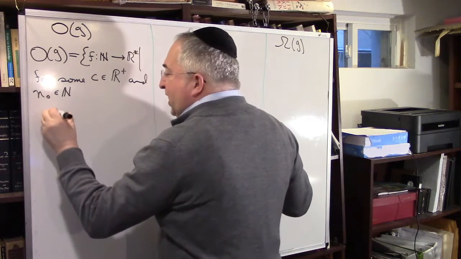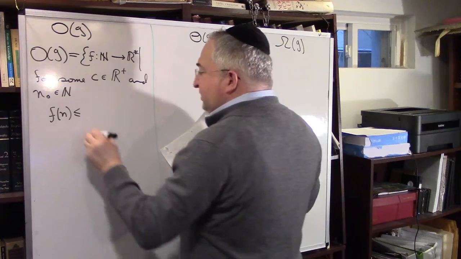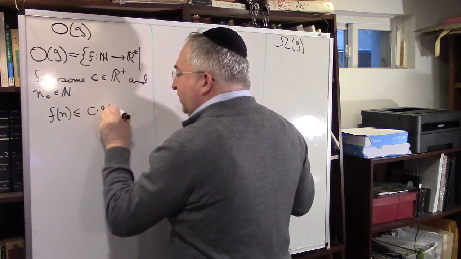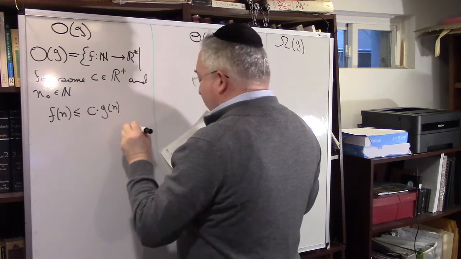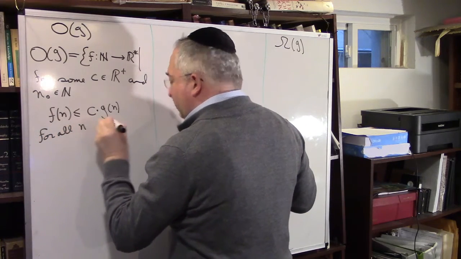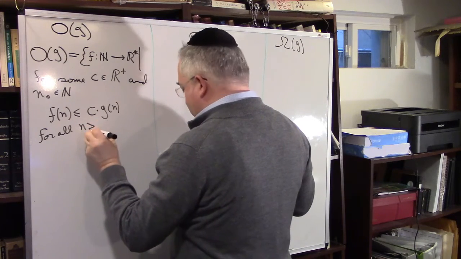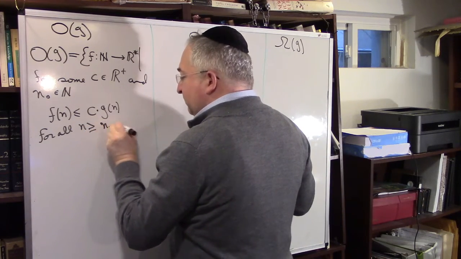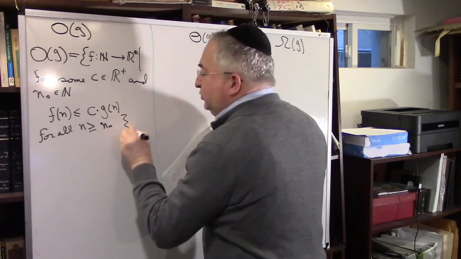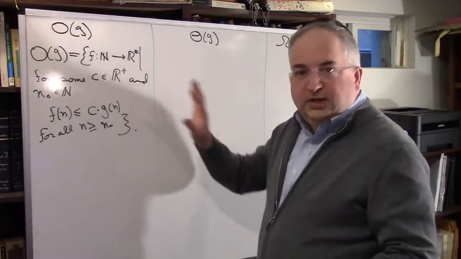We have the following: f of n is less than or equal to C times g of n for all n greater than or equal to N0. Close parentheses. So it's 4 lines, but it's exact.